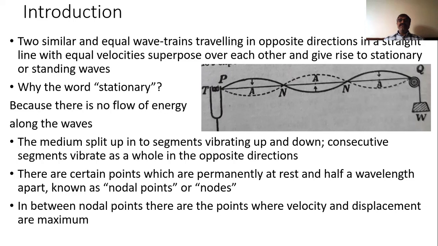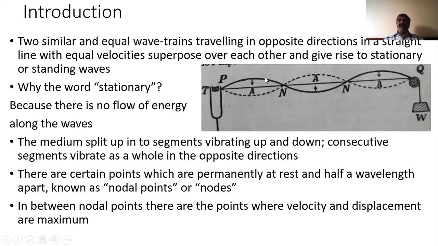Okay. Now the question is why these waves are called stationary. Let us explain the formation of the stationary wave pattern in this figure. This is the wave that has been generated from the prong of the tuning fork at point P, shown by the solid line. So the wave is generated, and from the closed end, this wave is reflected back in the opposite direction.